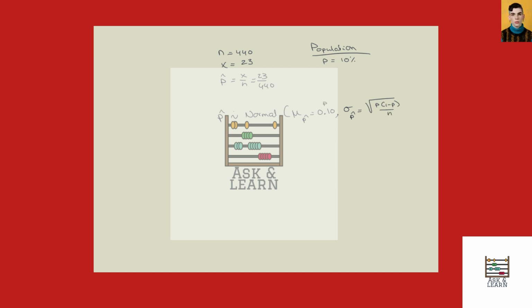That then is the square root of 0.1 times 0.9 divided by 440, and that is equal to 0.0143.